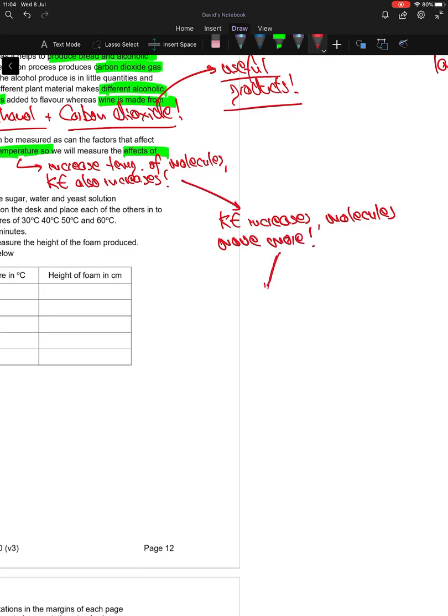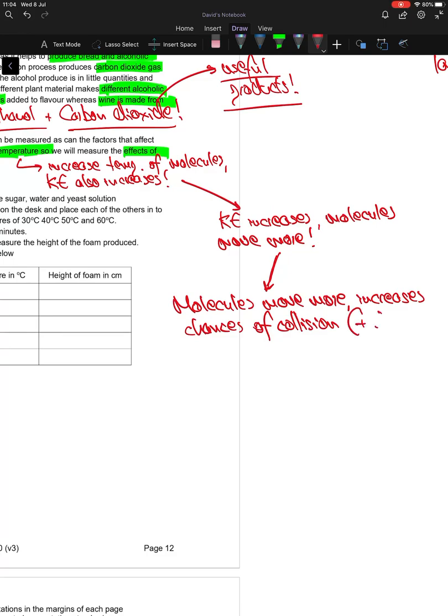Now, in order for a chemical reaction to occur, what do different molecules have to do? They have to collide. So if the molecules move more, what's that going to do to their chance of colliding? It increases the chances of collisions and therefore reactions.